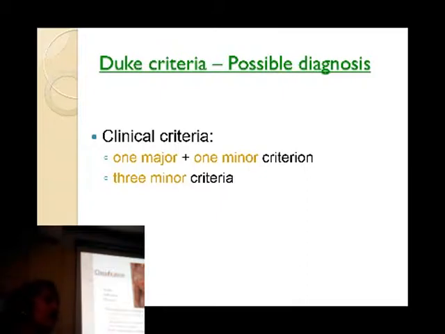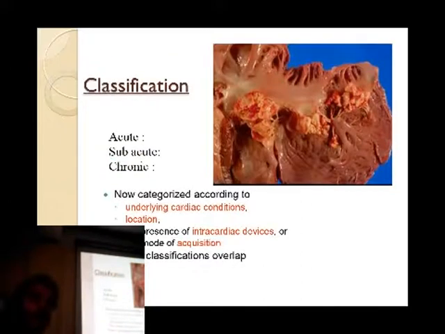Acute endocarditis we considered as caused within a given short period and most likely due to Staphylococcus aureus. Subacute and chronic forms can go on for a given period of time, and most likely involve the more innocent organisms such as Strep viridans. Now this classification is outdated.